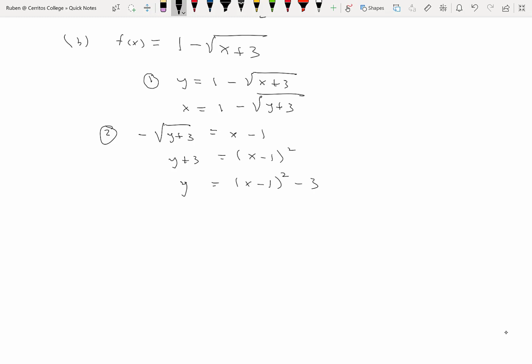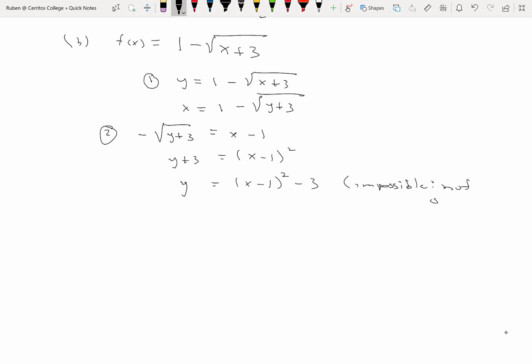What is the graph of this thing that we're calling the inverse, x minus 1 squared minus 3? It's a parabola, and parabolas are not one-to-one. This can't possibly be an inverse, because in order to be function-inverse pairs, they have both got to be one-to-one. This can't be one-to-one. This is impossible.